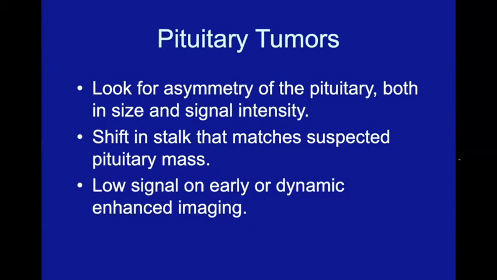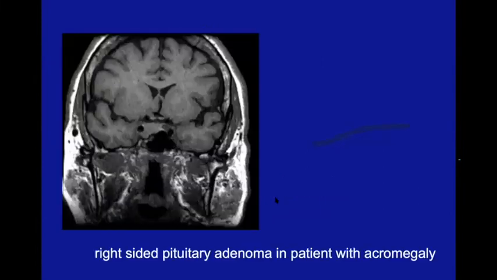But if the stalk is displaced toward the mass, well, of course, they sort of cancel each other. So be careful and don't overread these scans. I mean, if you really sort of pore over pituitary imaging, you'll frequently find something that's suspicious. So don't call all these patients suspicious for microadenomas. If you have any question, I think dynamic enhanced imaging or early imaging can be very helpful.